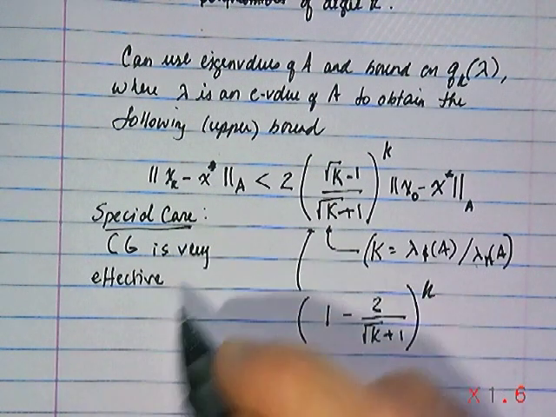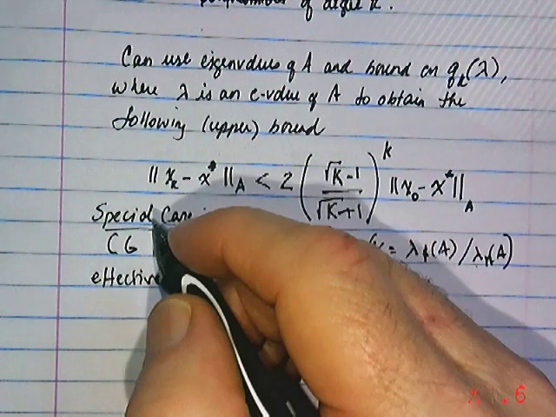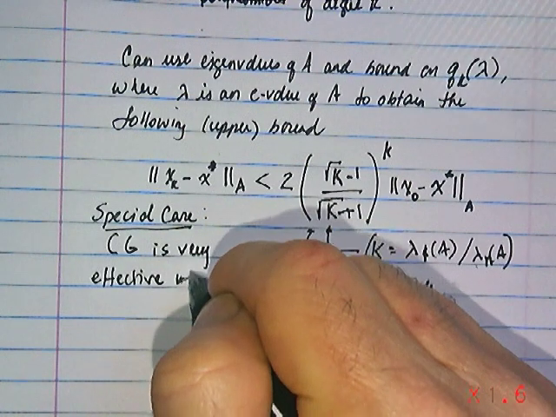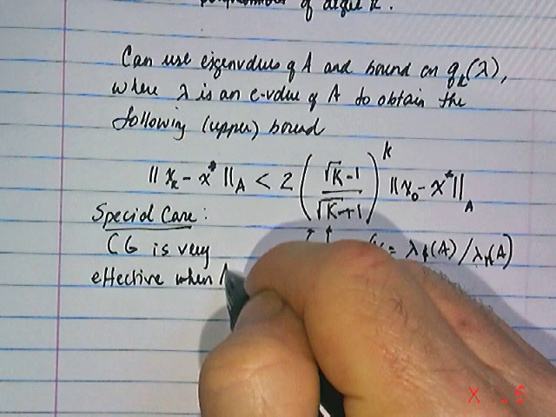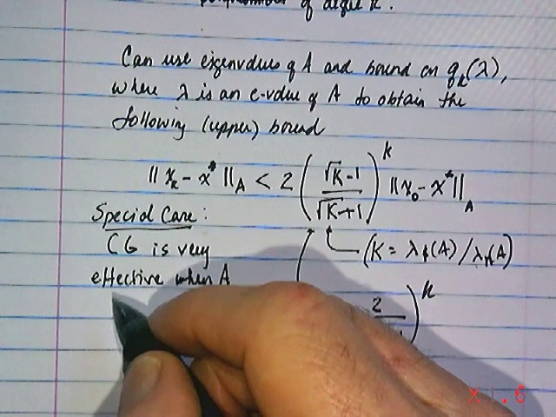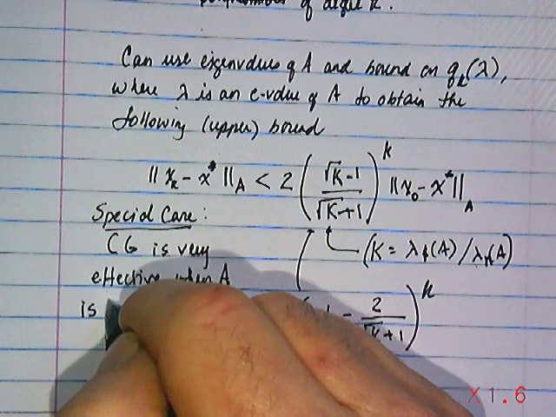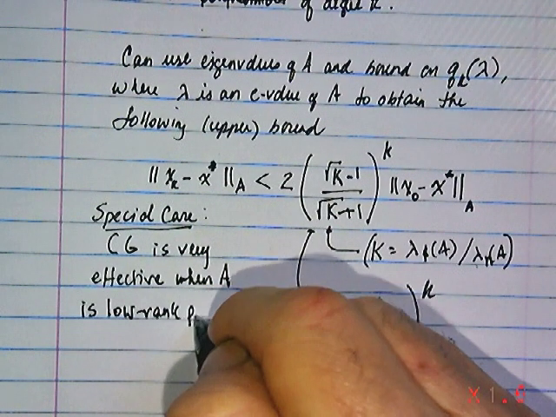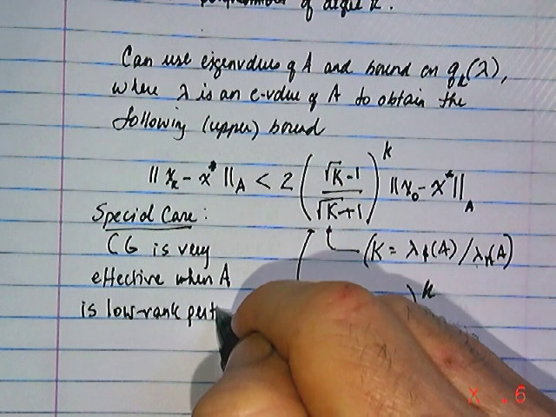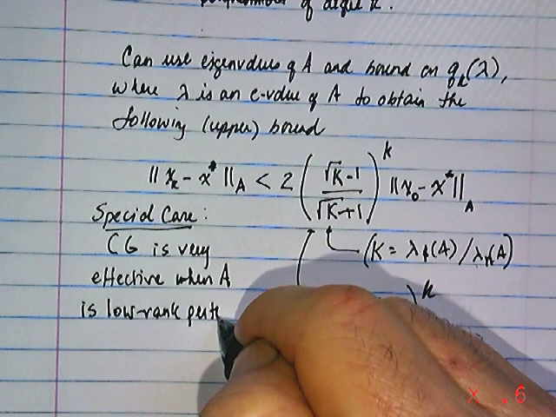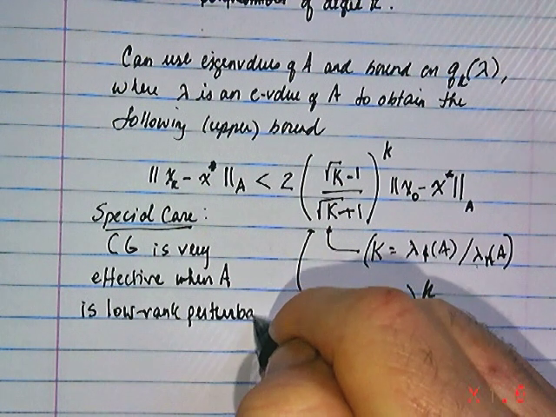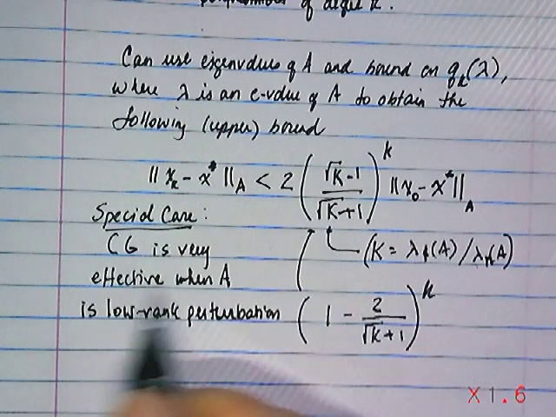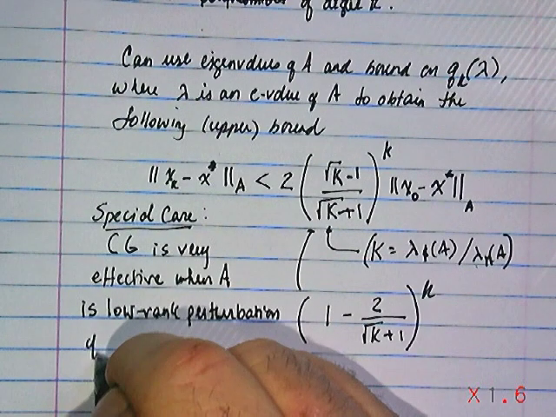It's very effective when A, your original system coefficient matrix, is a low rank perturbation of the identity matrix.